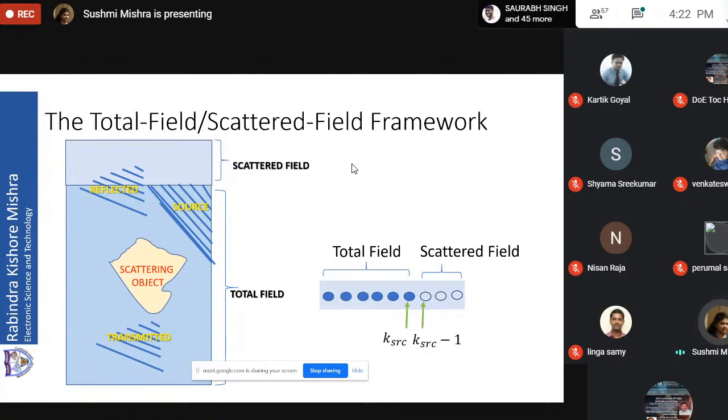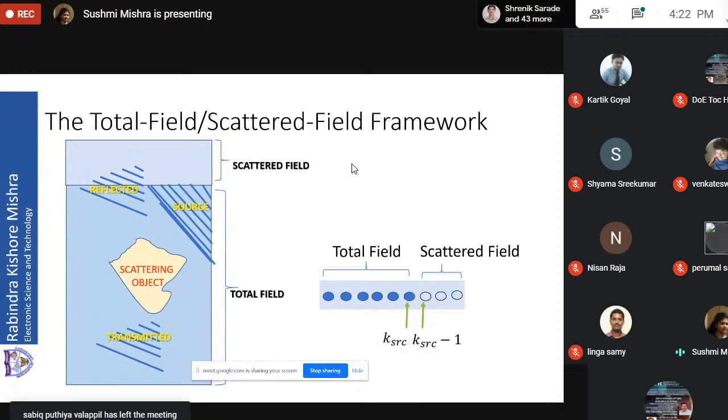So there will be no incident field. Since there is no incident field, there is no question of total field. It is only scattered field. So beyond the source, it is only scattered field.